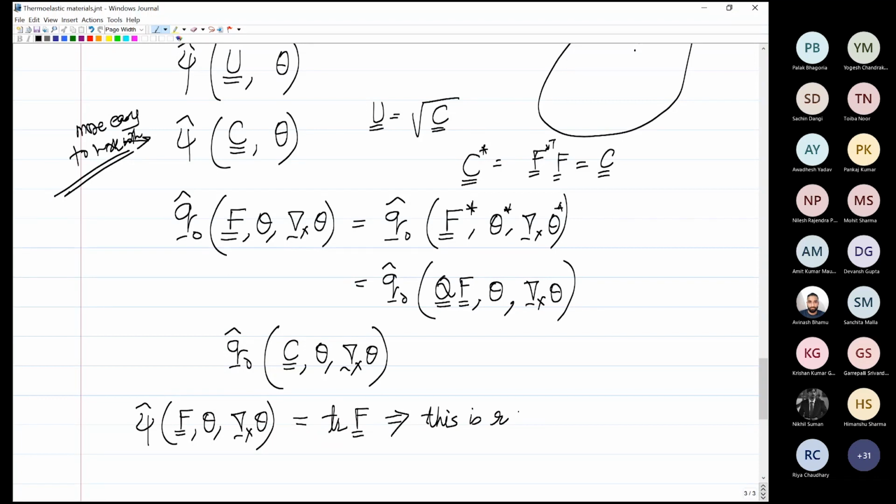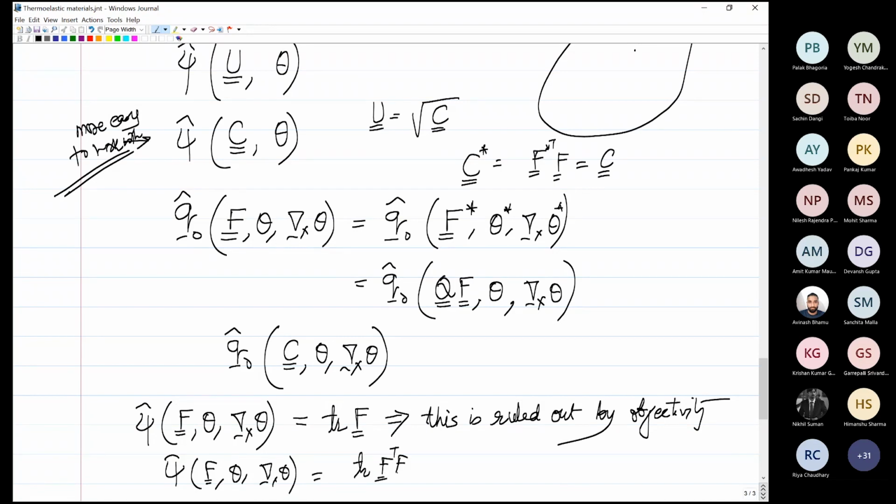So such a function is ruled out. But if you assume that psi hat of F, theta, grad X theta is equal to trace of F transpose F, F transpose F is C, so dependence on C is allowed. So this is perfectly fine as far as objectivity is concerned.